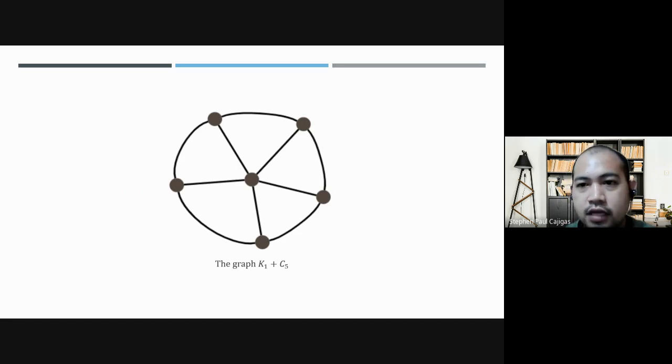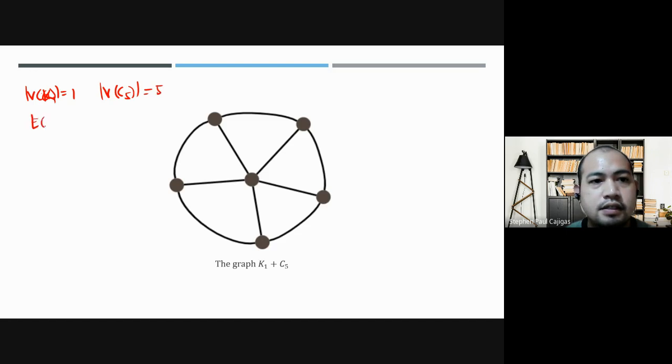No need to turn on camera for this one kay numbers man la. No need even to draw, kay adi naman drawing. Ika-calculate pa nala. So adihiya an vertices, K1 and C5. An K1 is 1, and C5 is 5.